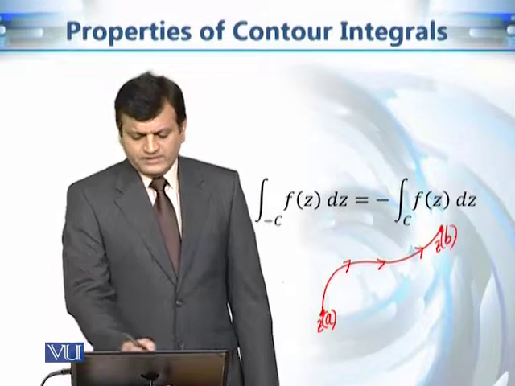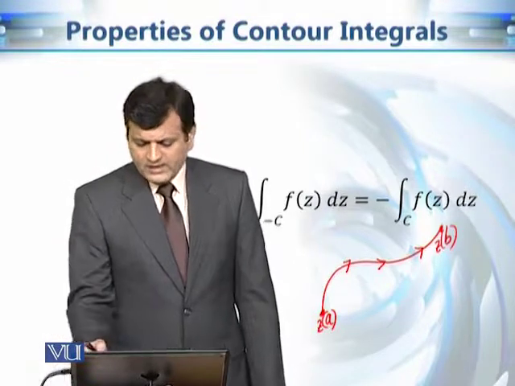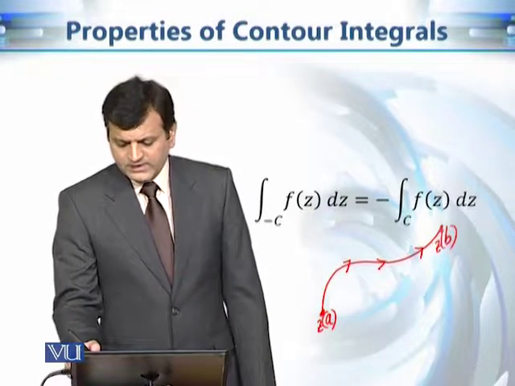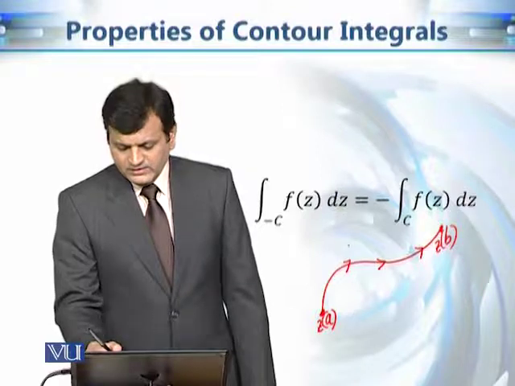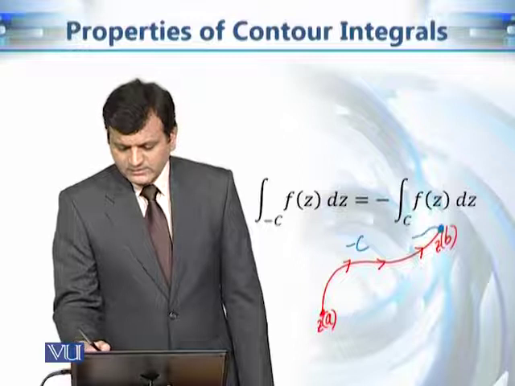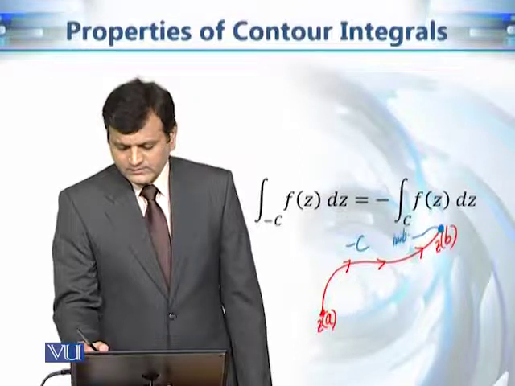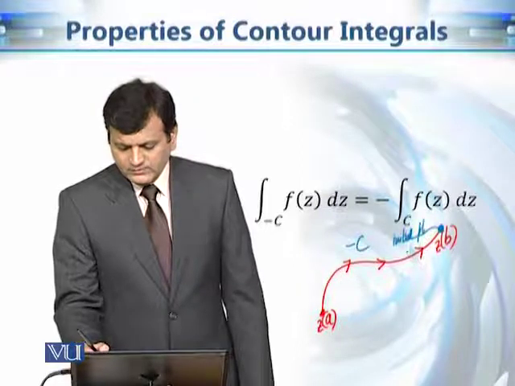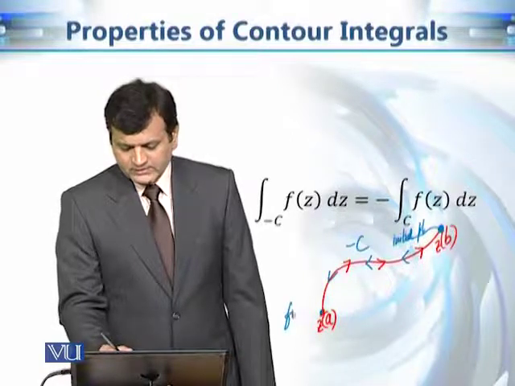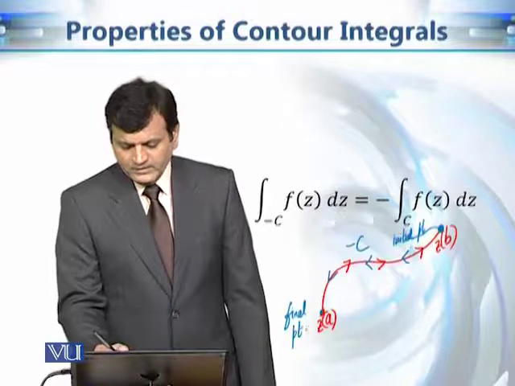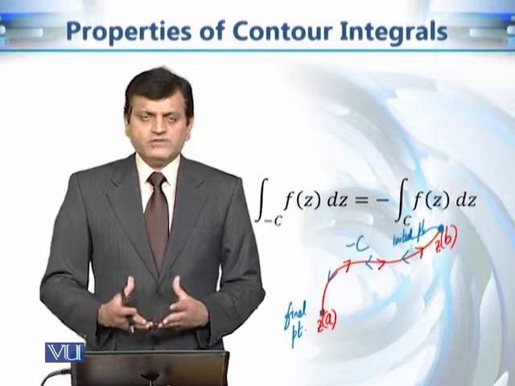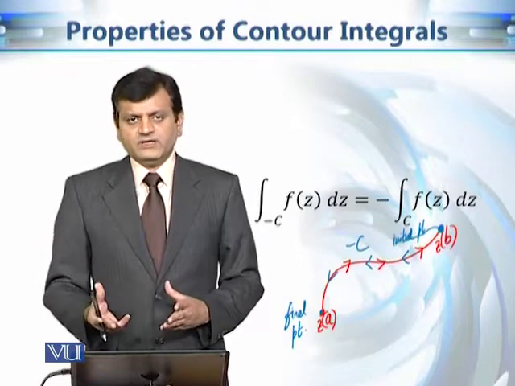And what is minus C? Minus C is the same geometrical path, but we take a different direction. So this is the initial point in this case, and we move in the opposite direction, and this is the final point. Geometrically they have the same path, but the orientation or the direction of motion is different.